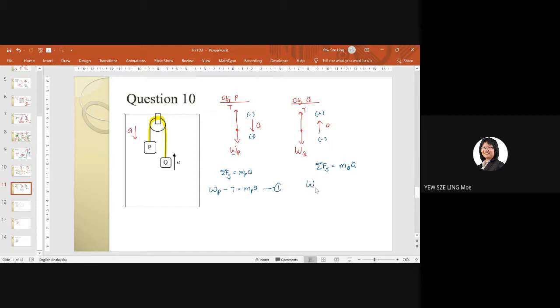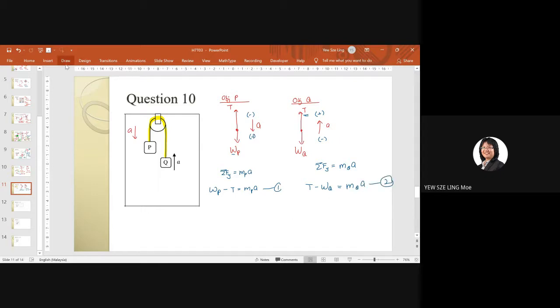Sorry, not W minus T, it should be T minus WQ, because now I'm taking upwards as a positive direction. Therefore my T is a positive value. So T minus WQ equals MQA. This is the second equation.